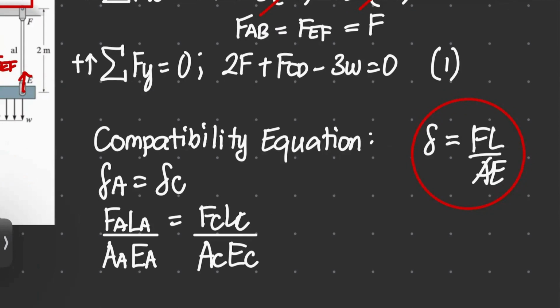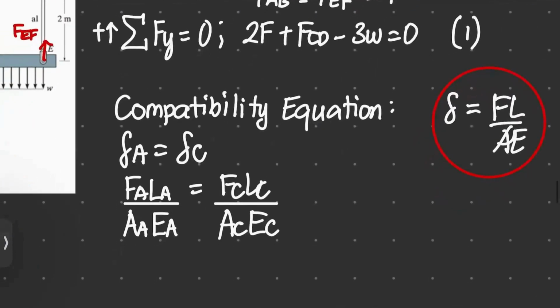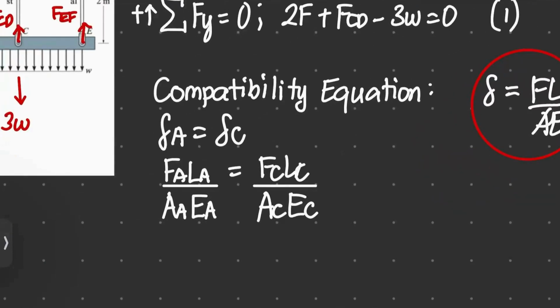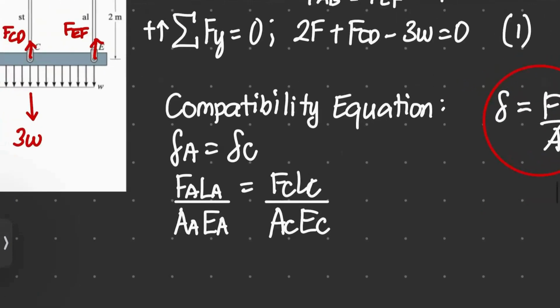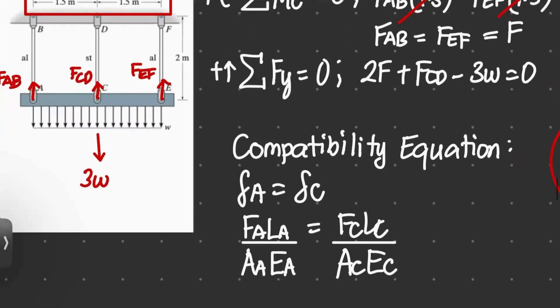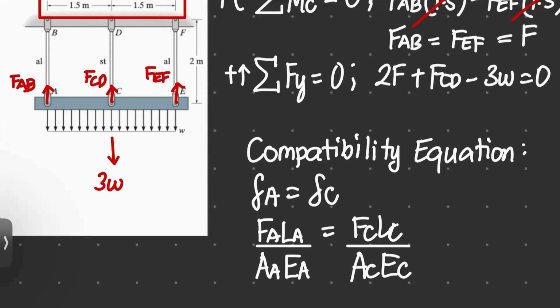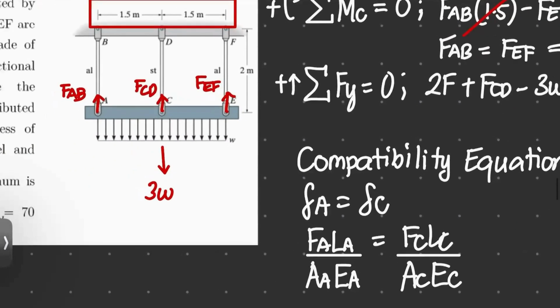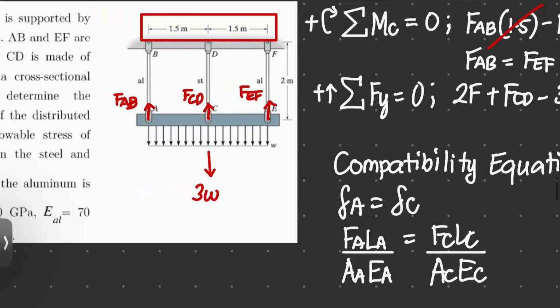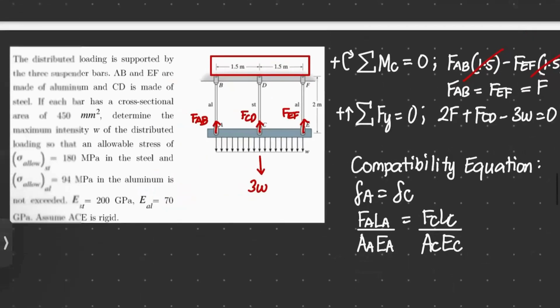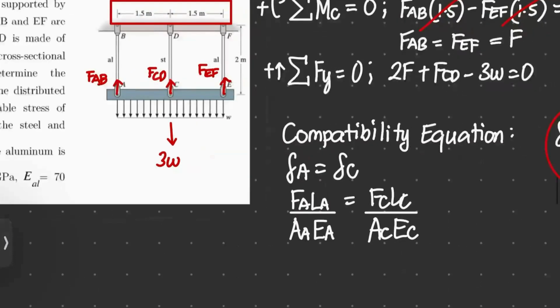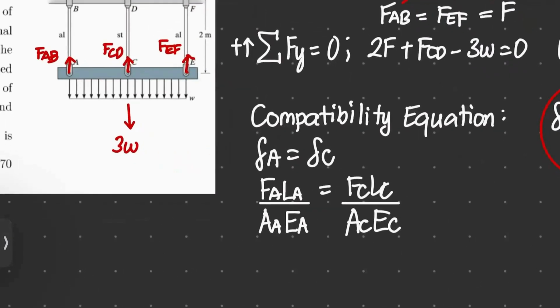Then we can input our values. The length of A and the length of C would just cancel out. The cross-sectional area at A and the cross-sectional area at C would also just cancel out, because they are of equal lengths.